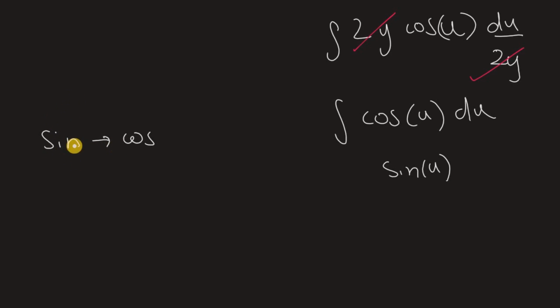The derivative of cosine x is negative sine x. The integral is simply the inverse of the derivative. So if we already have the cosine, what if we undo it? If we undo that, we get sine. This is how I get sine of u. I hope that makes sense.